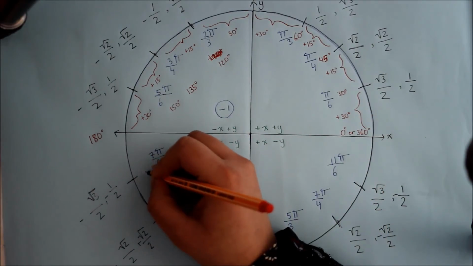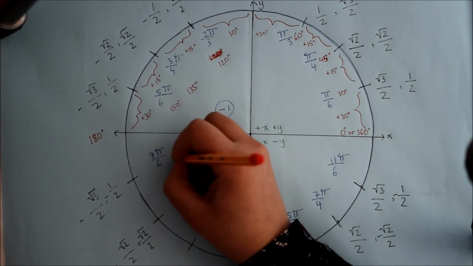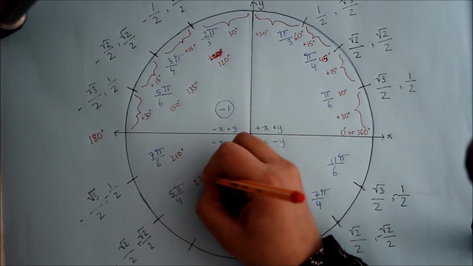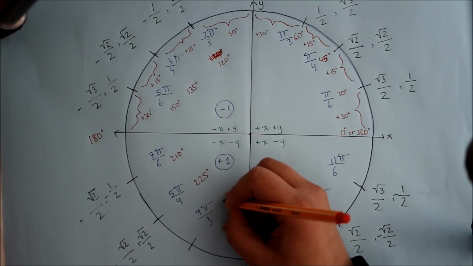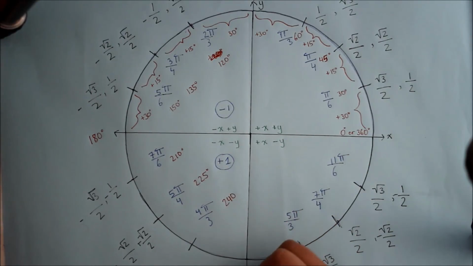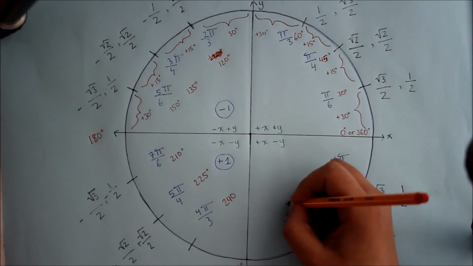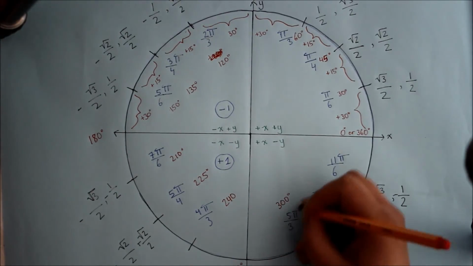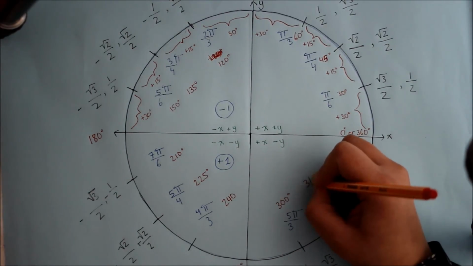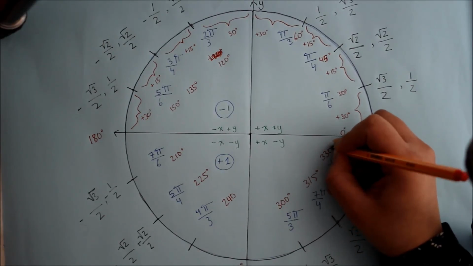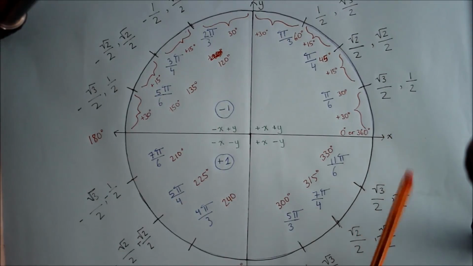And plus 30 is going to be 210 degrees. And here is going to be 225, 240, 270. And then we have 300, because 270 plus 30. And then 315, 330, and eventually 360.